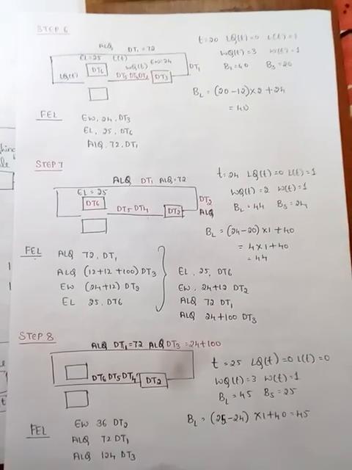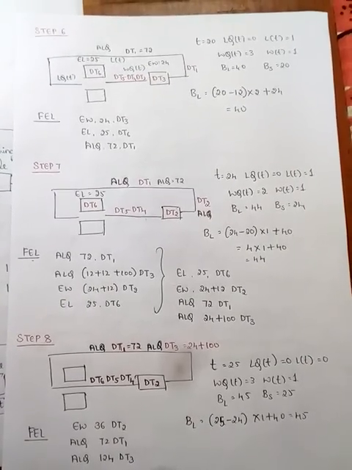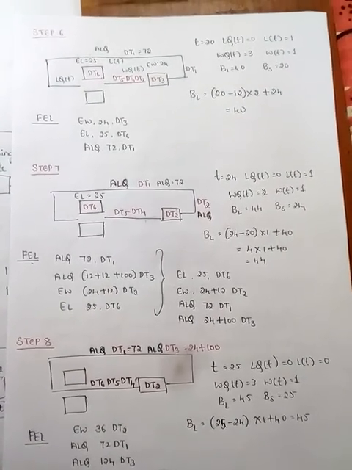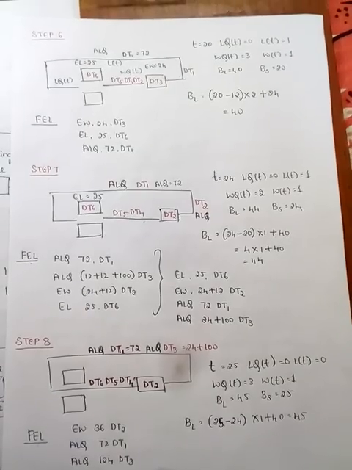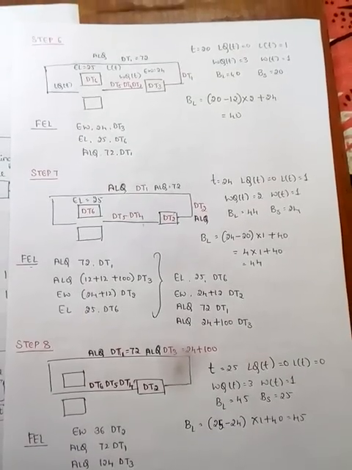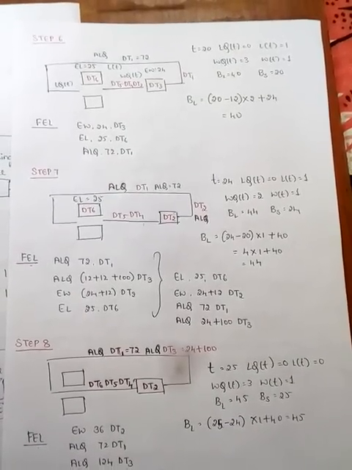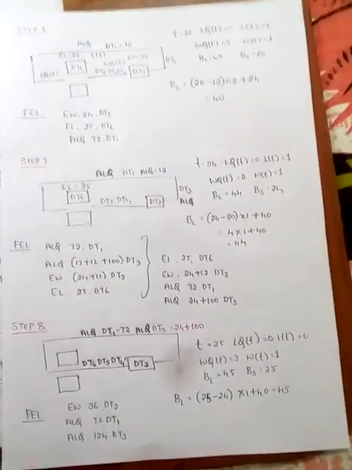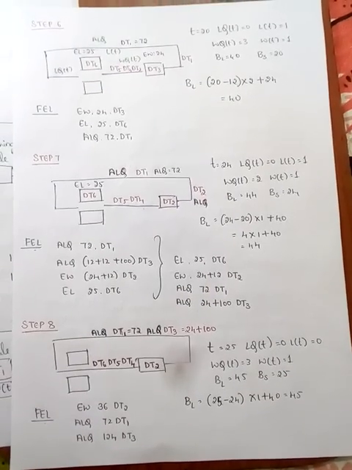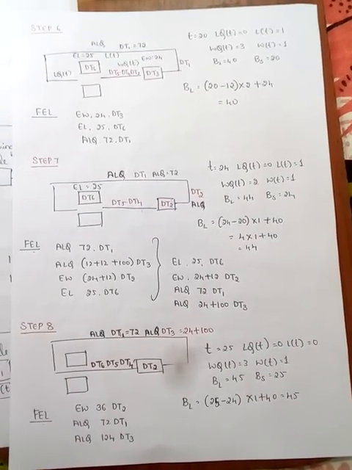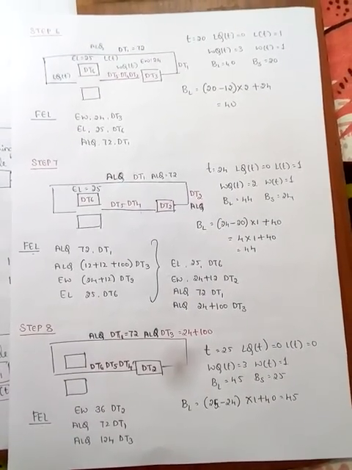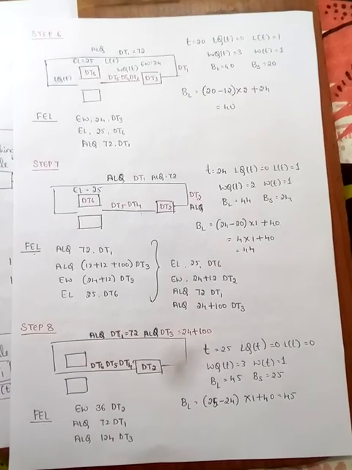Step 6. Here the previous time was 20 of DT5, so T equal to 20. Then LQ of T, there are no trucks in my loading queue, so LQ of T equal to 0. Then L of T equal to 1. Then WQ of T equal to 3 because there are 3 trucks waiting to be weighed.